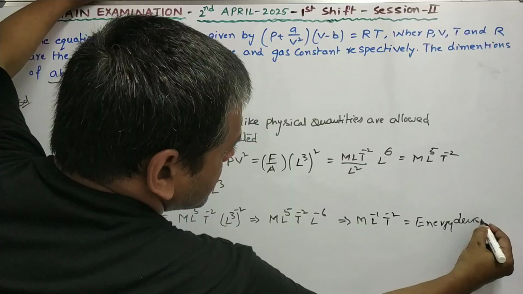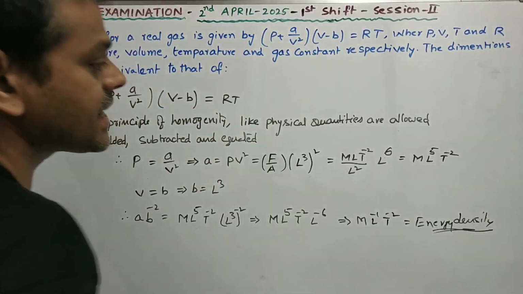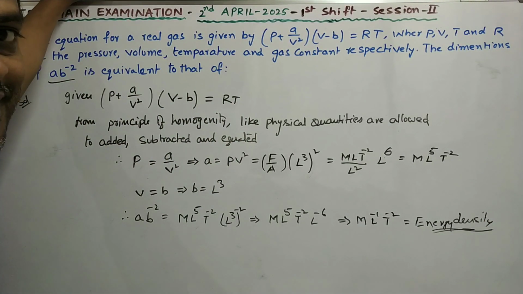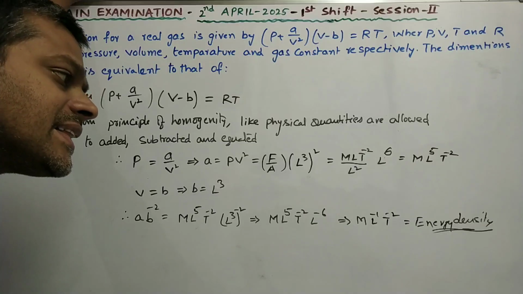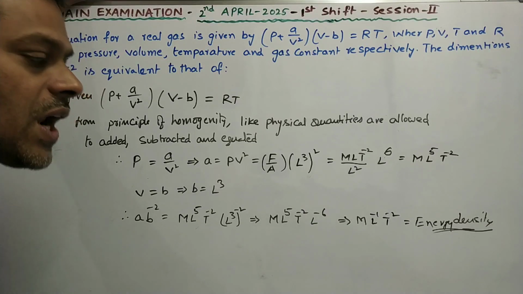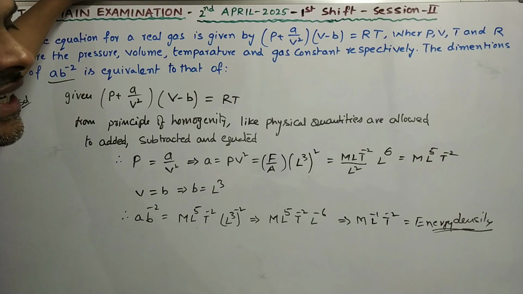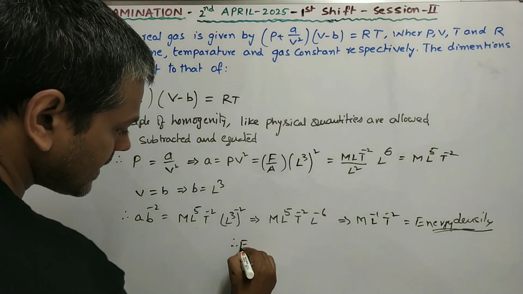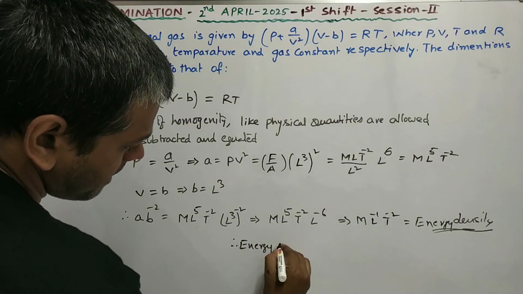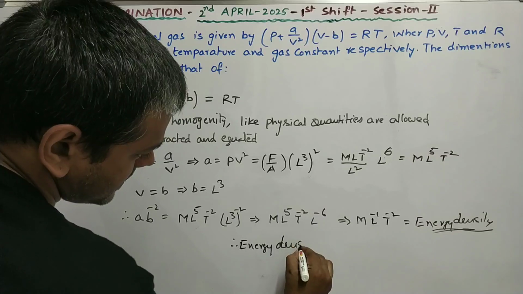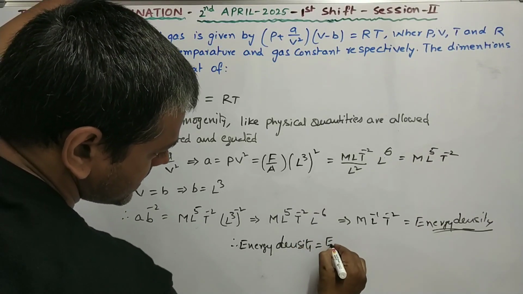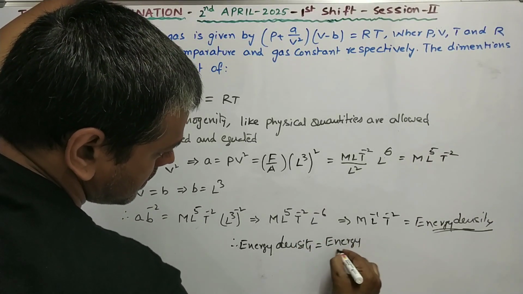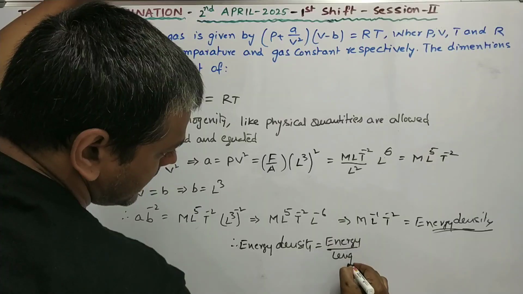Energy density. That means energy per area, or energy per length, or energy per volume. This is nothing but energy density. Therefore, energy density is energy per length.